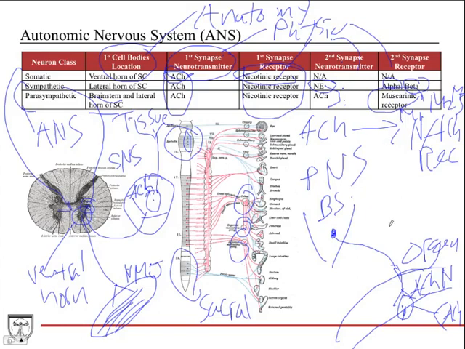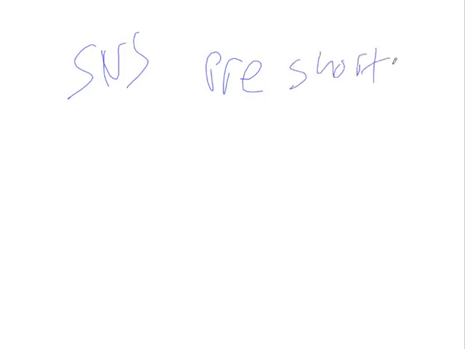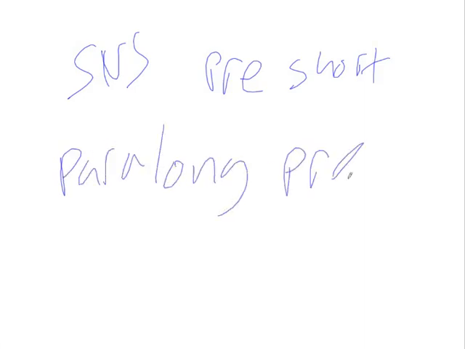So, just to review here, let's go to a whiteboard, okay? So, you have the sympathetic nervous system, okay? The preganglionic neurons are short, okay? Versus, there's a saying, it's called para, long, pre, and this is a good thing to write down so that you can remember.